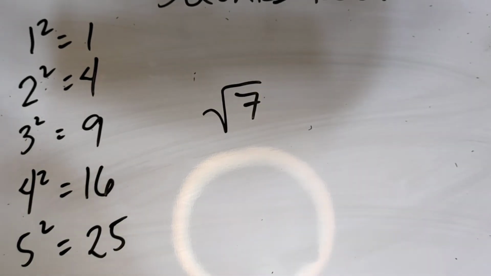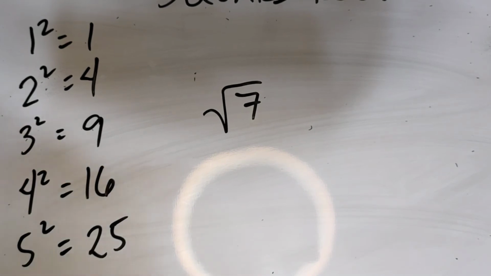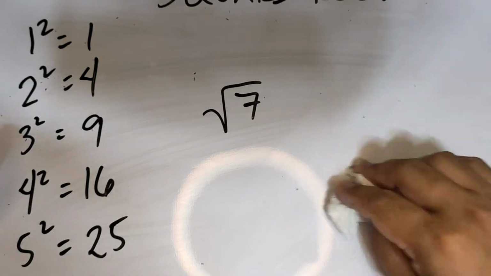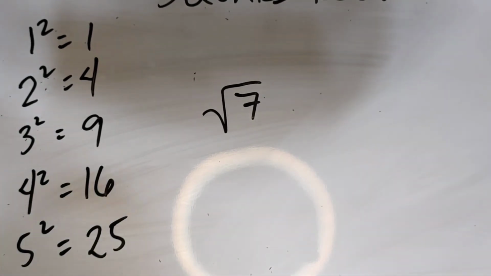How about 7? Mayroon ba tayong 7 dito? Okay, wala. Ibig sabihin, 7 is not a perfect square. So, kapag kinuha mo yung square root niyan, hindi siya exact na number. Okay? Magkakaroon siya ng decimal.